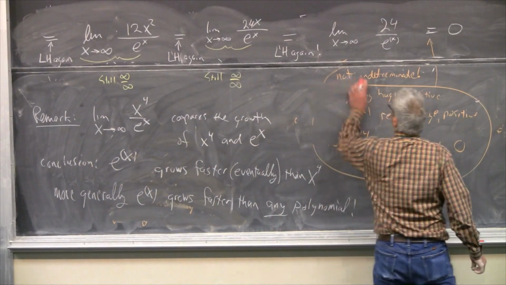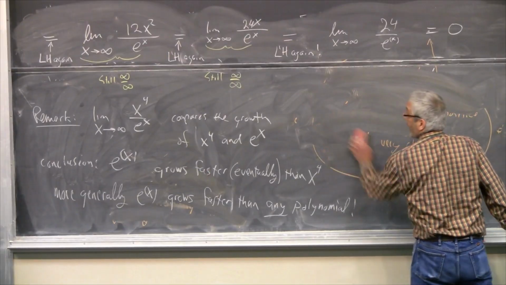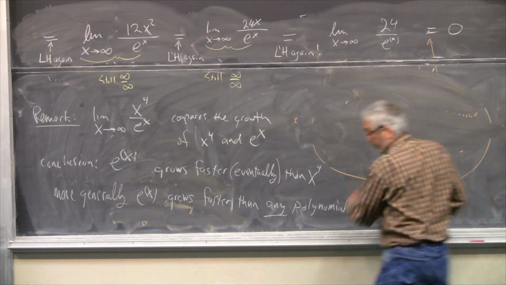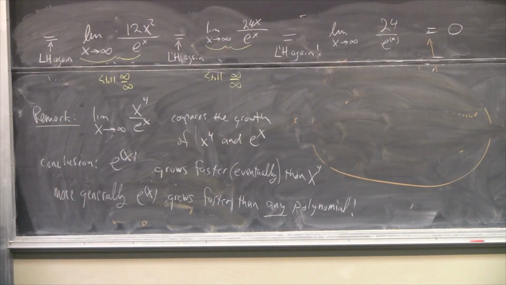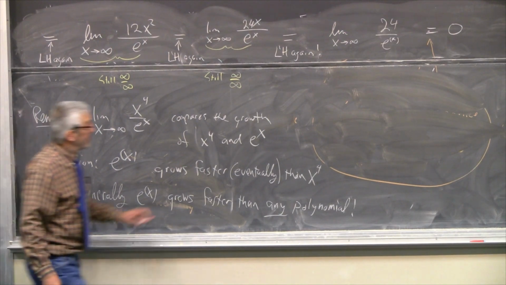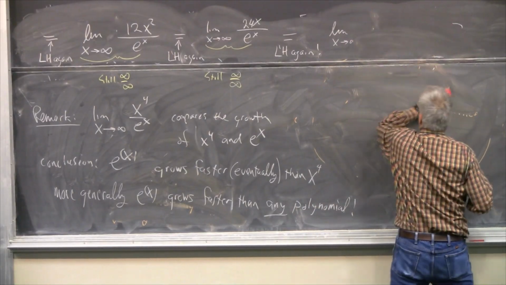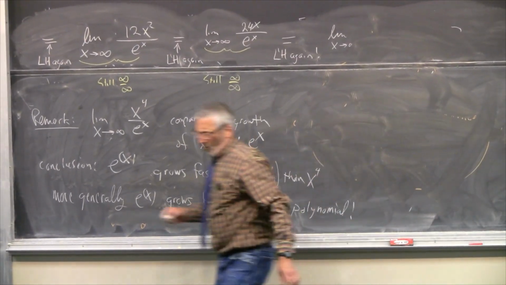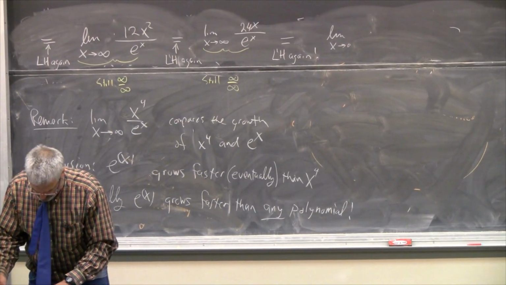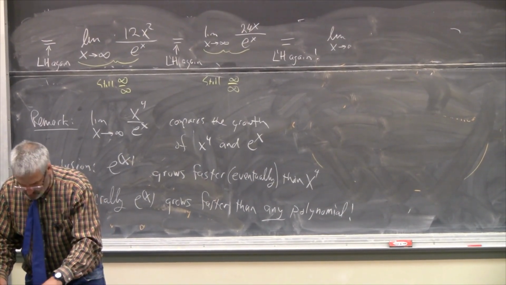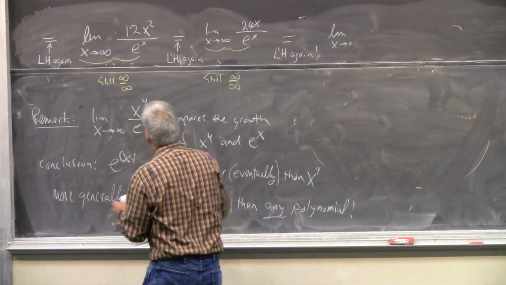So this is a first example of a problem of that kind. It wasn't presented that way. We had an indeterminate product. We turned it into an indeterminate quotient, but that indeterminate quotient is a famous kind. Okay, meeting part 3.